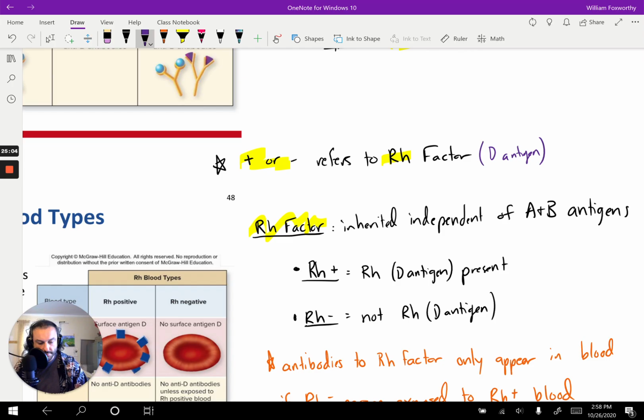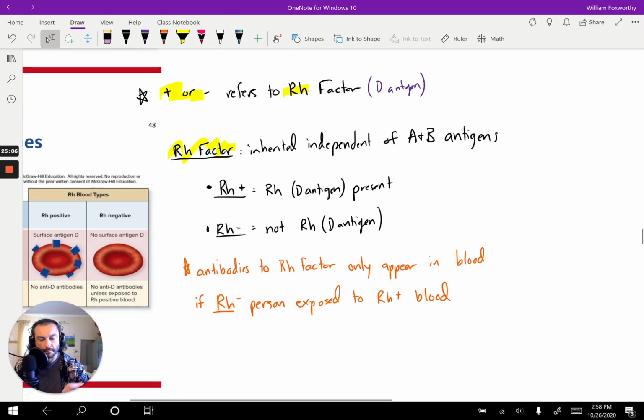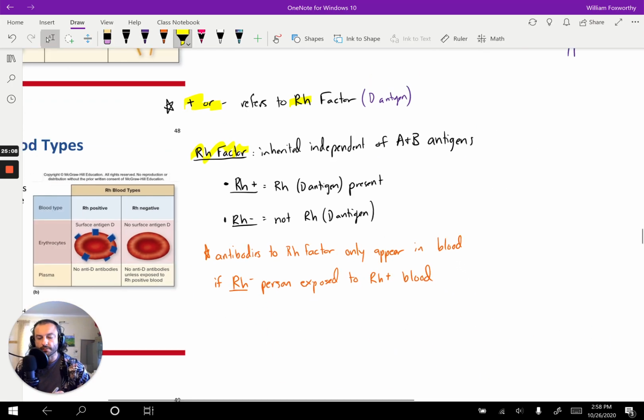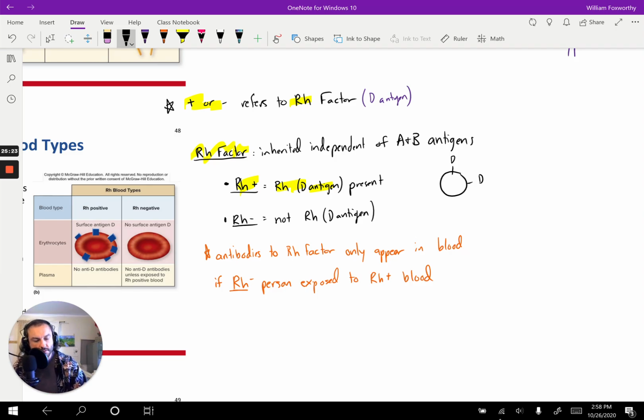It's the same thing. So this is really not any more complicated. If you're Rh positive or Rh plus, that means that the Rh or D antigen is present. I'm just going to go D because it's easier to write. So that would be Rh positive.